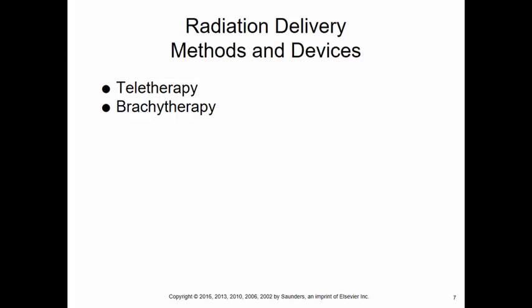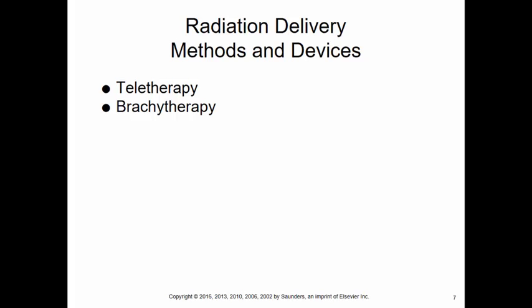Teletherapy is when the source of radiation is outside the patient's body. Because the source is external to the patient, the patient is not going to be radioactive and won't be hazardous at all to another person.